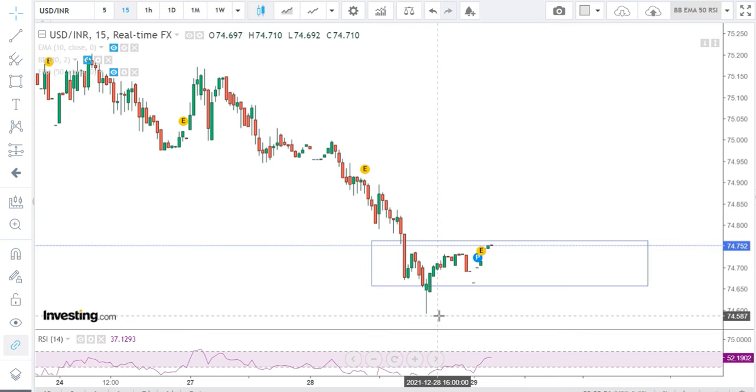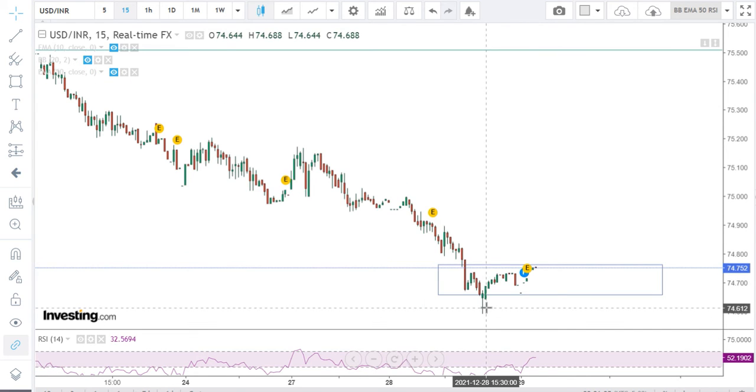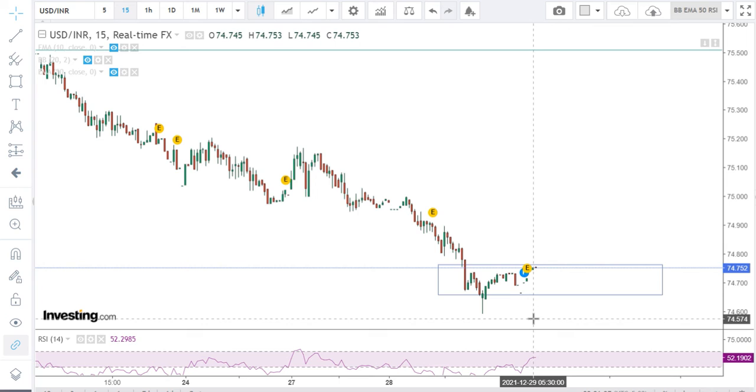Now there may be a possibility of testing the low. So in coming time, we need to see whether the dollar rupee is again testing the 74.60, 74.65 area or not. And thereafter, whether it takes support and moves higher, or breaks the low and further continues on the downward move or not, we need to check.